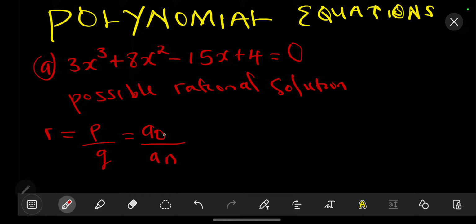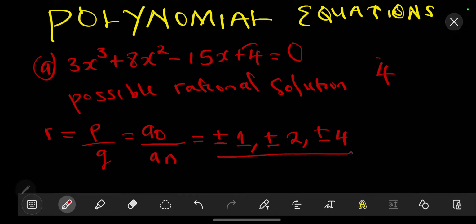A0 is the number that is without x, that's why it's A0, because it doesn't have x. So we are going to have the possible factors of 4. The possible factors of 4 are plus or minus 1, numbers that can enter into 4 without leaving a remainder, plus or minus 2, plus or minus 4 itself.